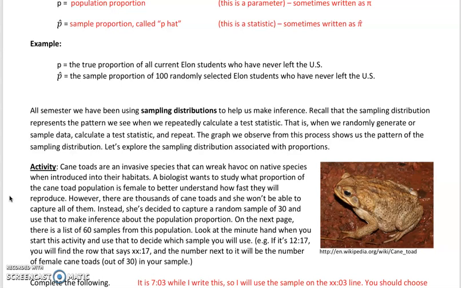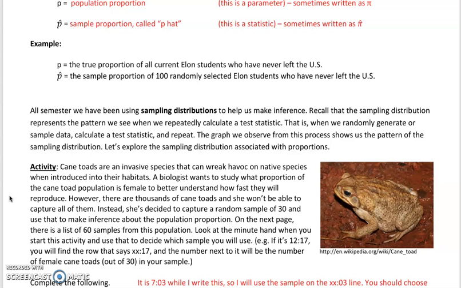And we believe that that's going to help us understand how fast they'll reproduce and things like that. There's thousands and thousands of these cane toads, and so the biologist is not going to be able to capture all of them. Instead, they're going to take a random sample of 30, and they're going to use that to try and make inference about the entire population and decide what the population proportion is that are female.